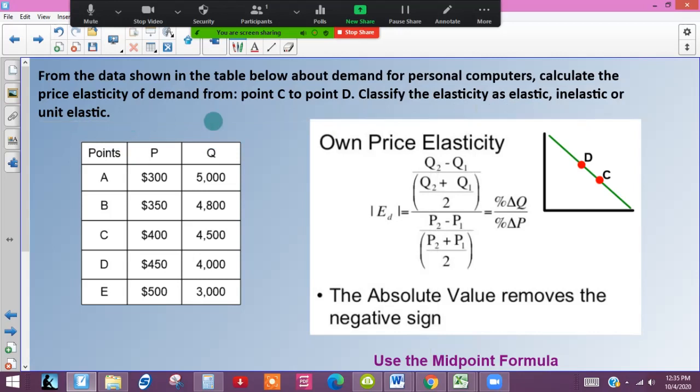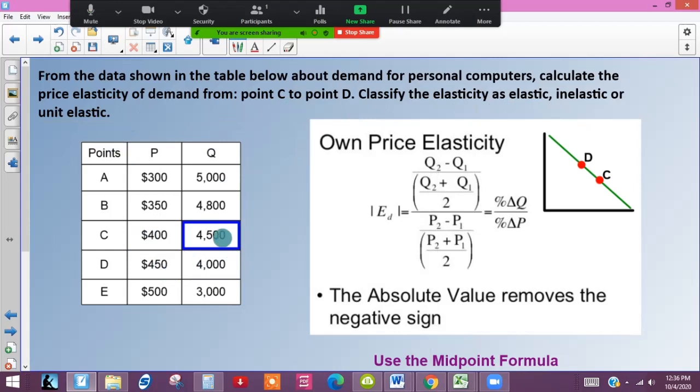So let's look at what's happening from point C to point D. When we move from point C to point D, the price is going up from 400 to 450, and the quantity demanded is going down from 4,500 to 4,000.